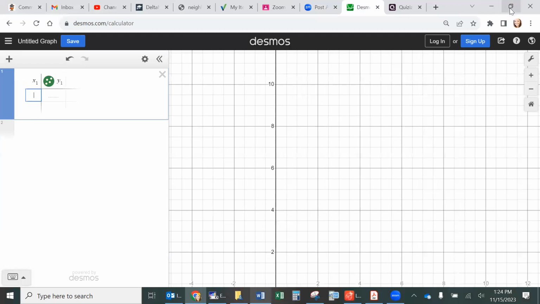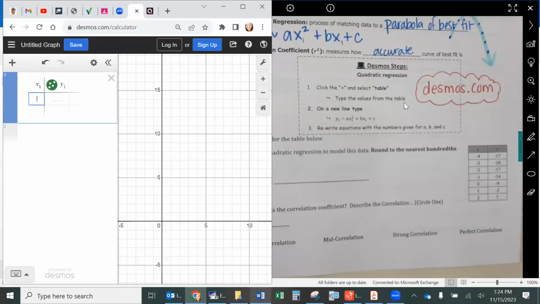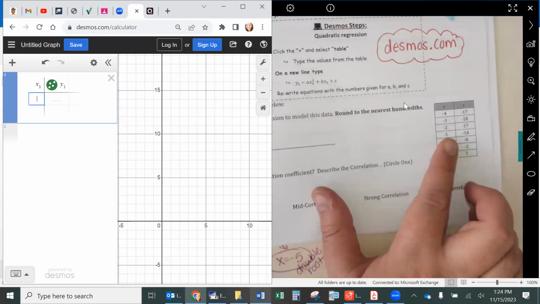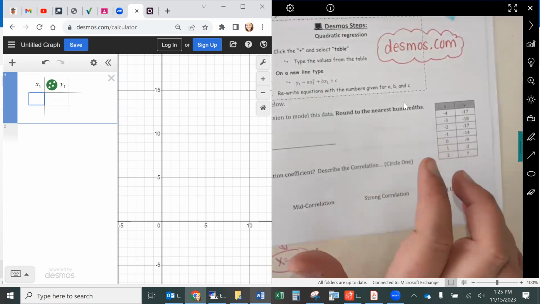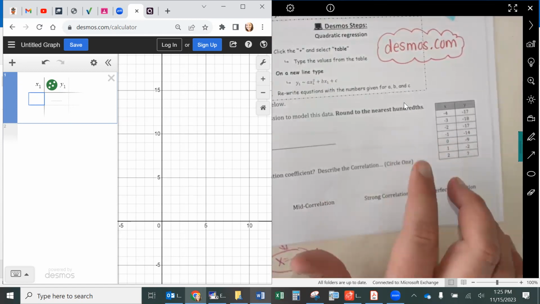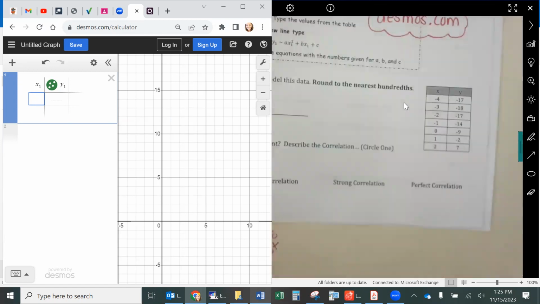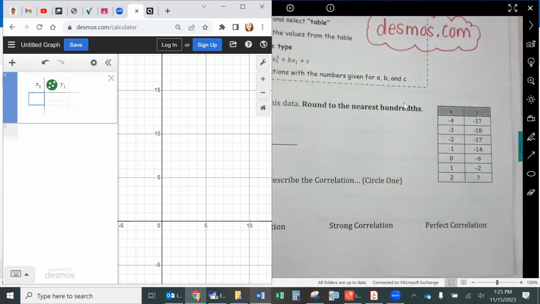Then from there, I want you to take the table on your notes here and type those numbers into your computer. I'm going to type mine in up here, and then I'll come around and help you. It's this table right here that you're putting into Desmos.